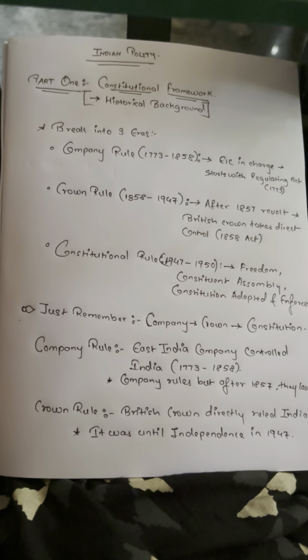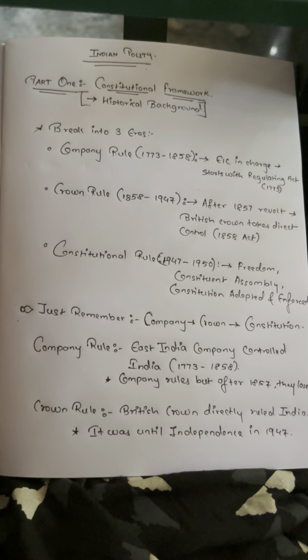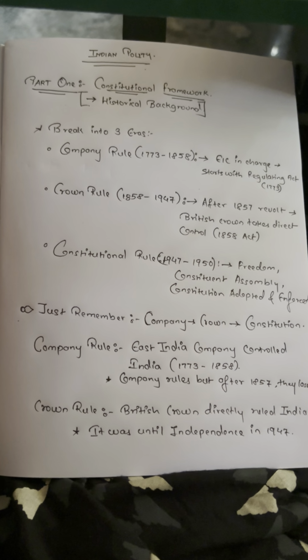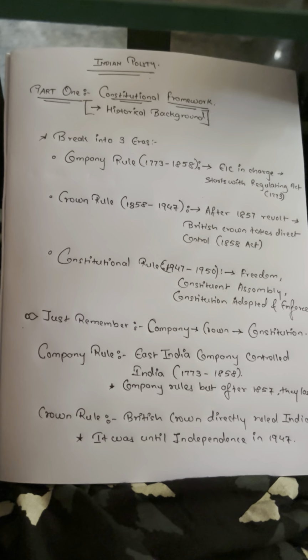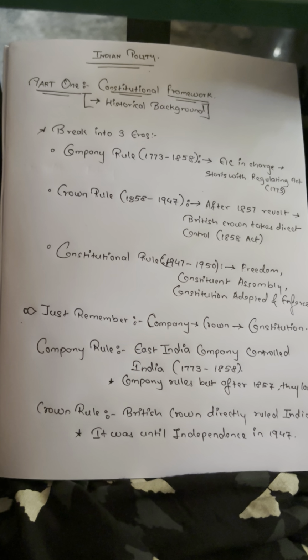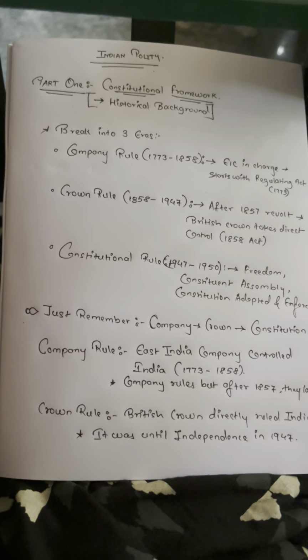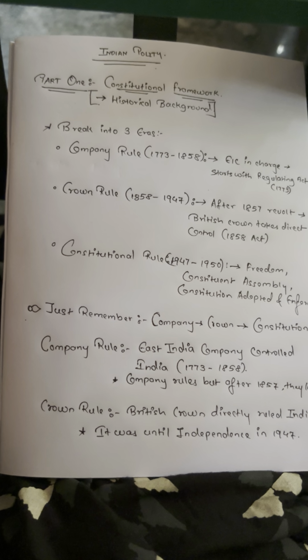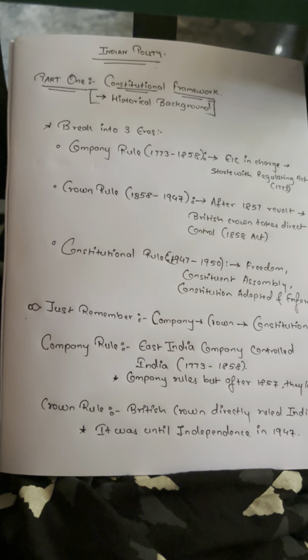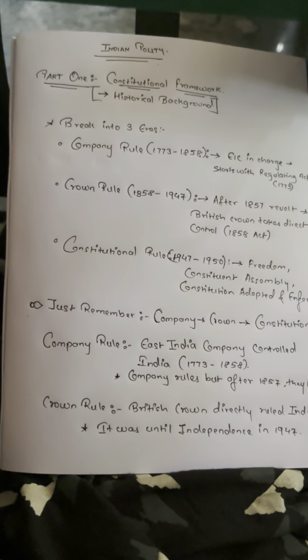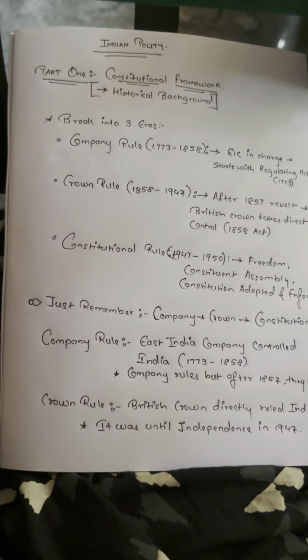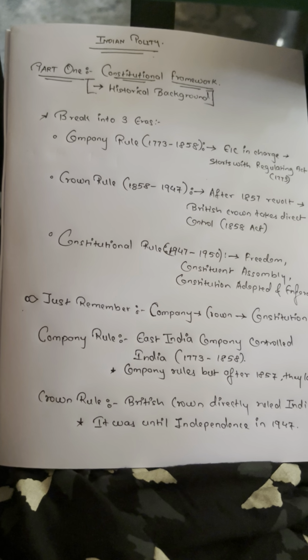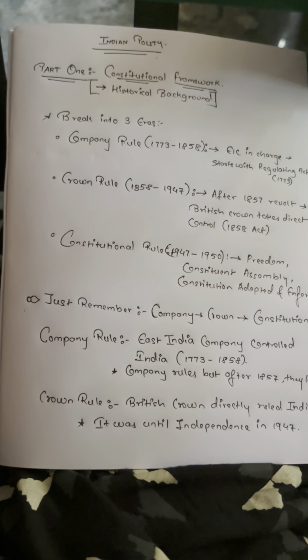The next is the Crown rule that started from 1858 to 1947. Here, who ruled? The British Crown or Queen directly through a Viceroy and Secretary of State for India. It started from the Government of India Act 1858. How was the system?